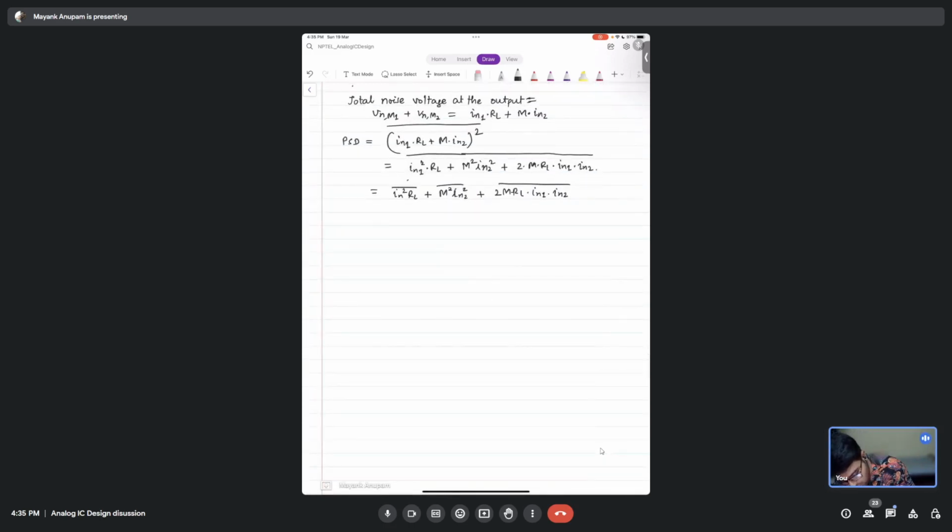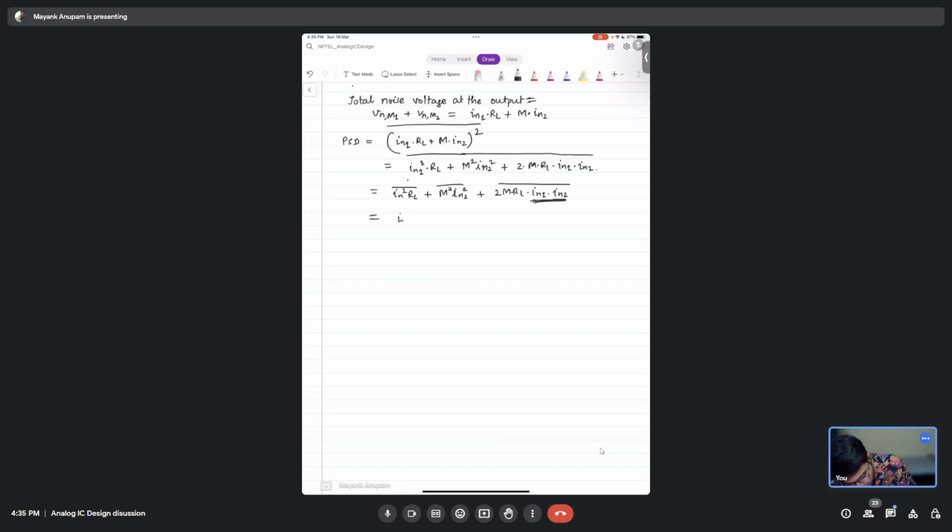Okay. Now what should I do now? So as one of you pointed out, if in1 and in2 are uncorrelated, okay, so what happens is that if two random variables are uncorrelated, this is basically this in1 and in2, they are statistical parameters, right? They are statistical quantities, and if they are uncorrelated, in that case the mean of their multiplication is simply the multiplication of their mean.